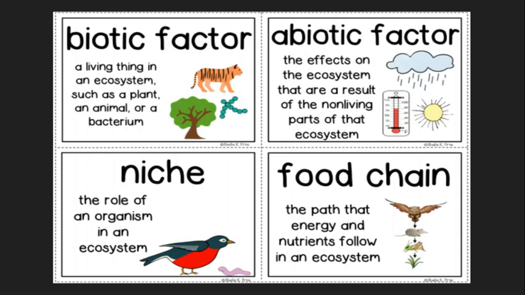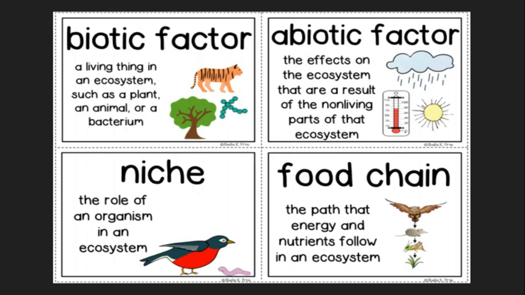So the first thing that you need to know is the difference between a biotic factor and an abiotic factor. A biotic factor is a living thing in an ecosystem, such as a plant, an animal, or a bacterium. You can see the illustration there. We've got a nice little tiger, we've got a tree, we've got some bacteria.